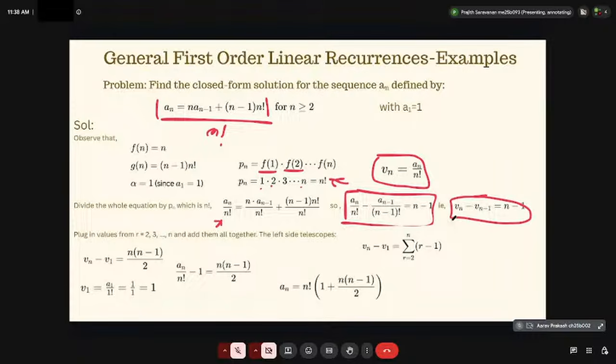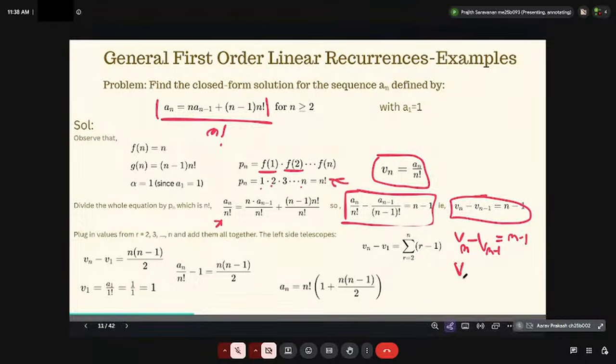So we will write consecutive terms and cancel them. If I write vn minus vn minus 1, this will be n minus 1. Next is vn minus 1 minus vn minus 2. That will be n minus 2, and so on.